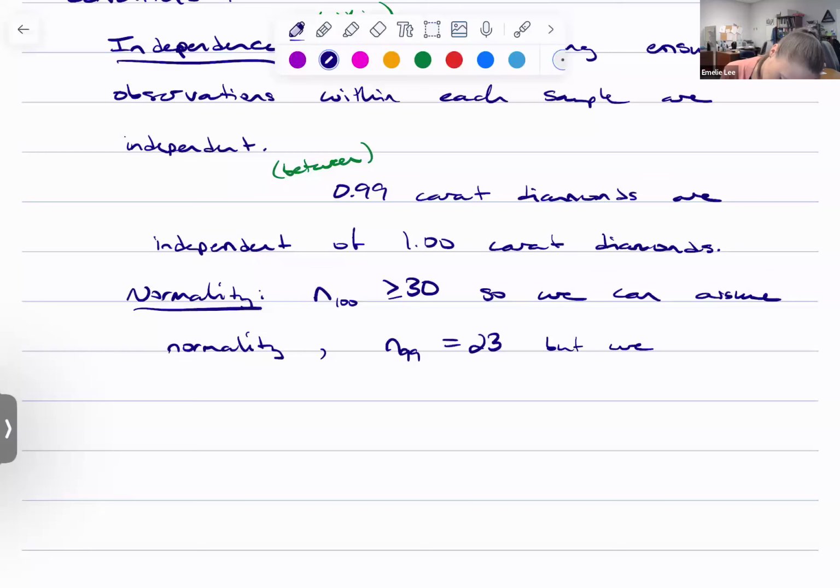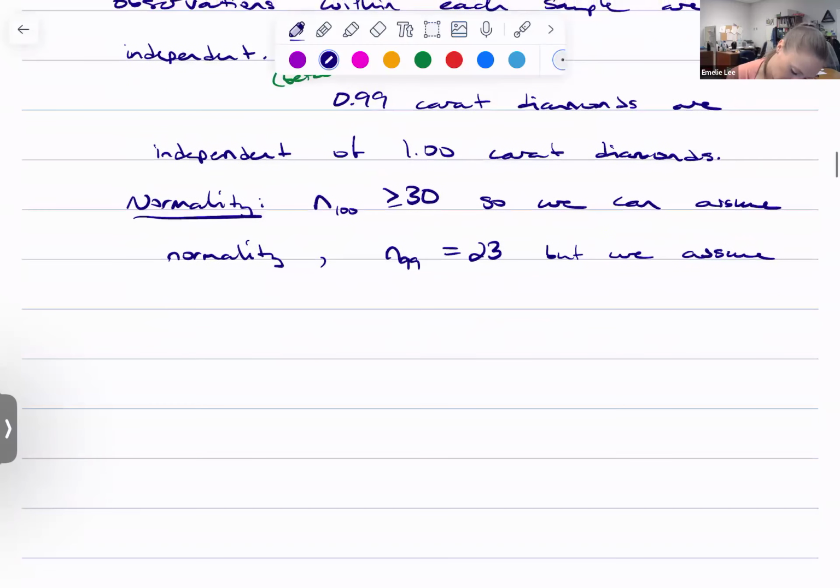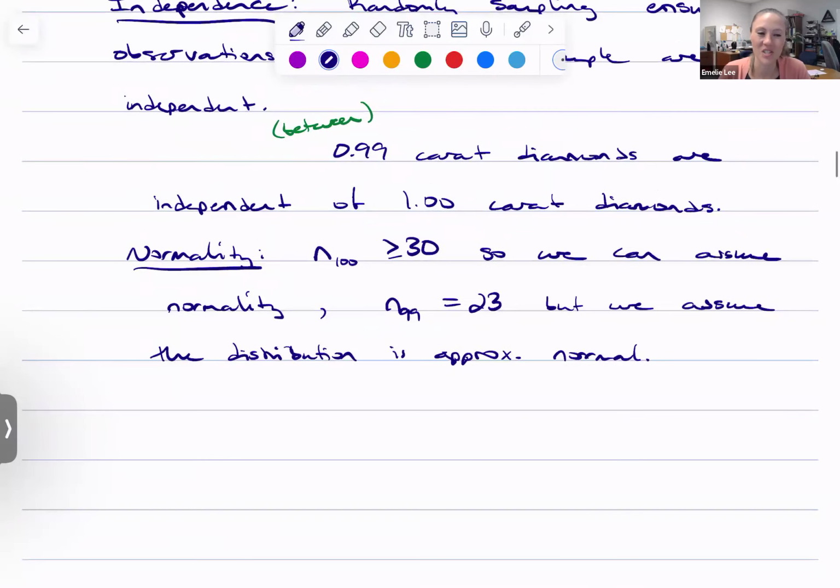But we assume the distribution is approximately normal. So you either have a sample size greater than 30 and then you can assume normality, or if you have a sample size less than 30, then you just have to assume normality, right? Either way, the normality condition will be met.